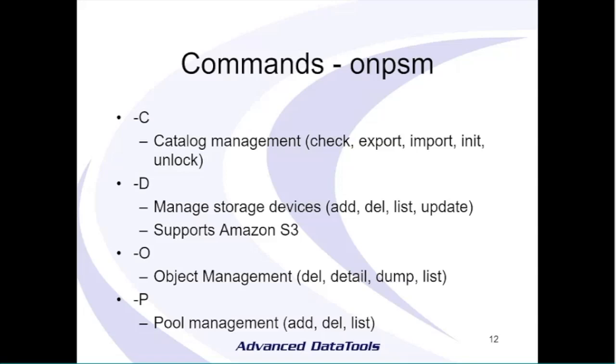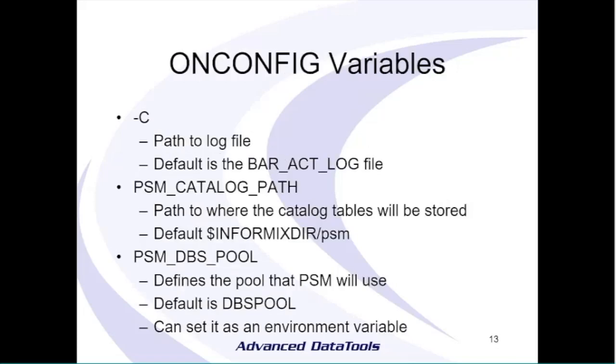So there are a few onconfig variables that can impact PSM. If you've worked with Onbar before, these will look similar to your Onbar flags, so they work the same way. The PSM_ACT_LOG, this is our activity log for PSM.